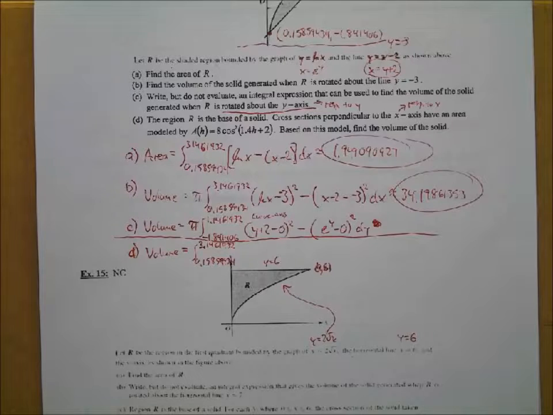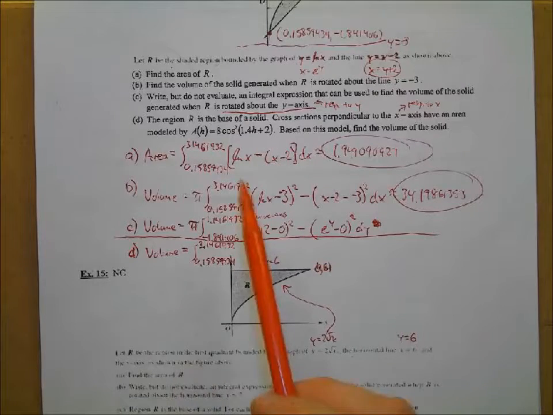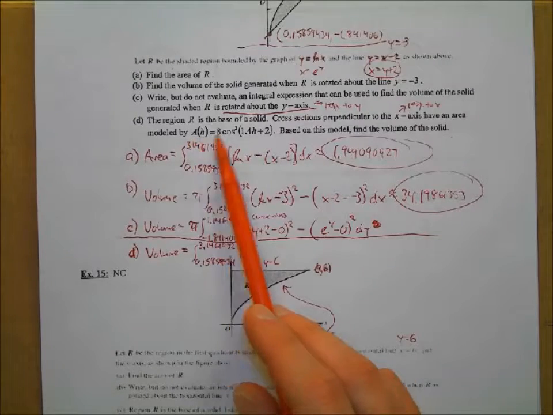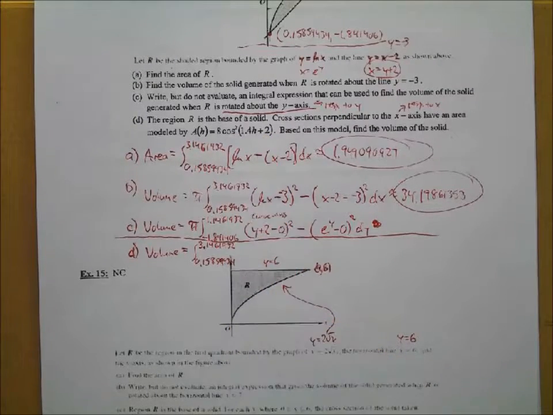Okay. And so then the area formula here that we've got, we're told a formula for the area of a cross section, but it does not tell us what h represents here. I want to say it's the distance between the two curves, but an area modeled by A of h equals.